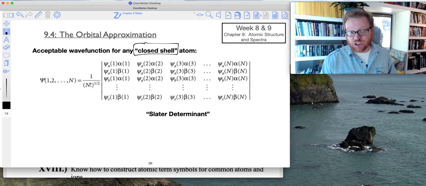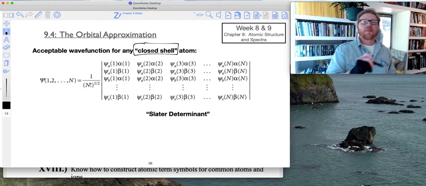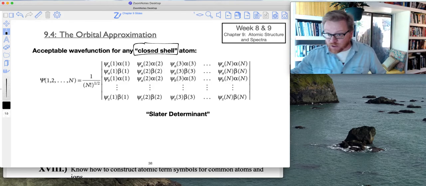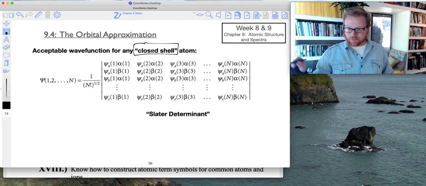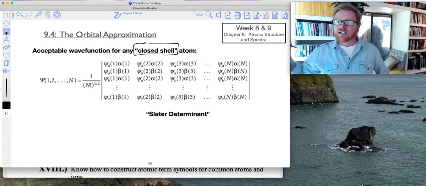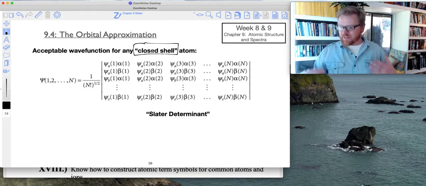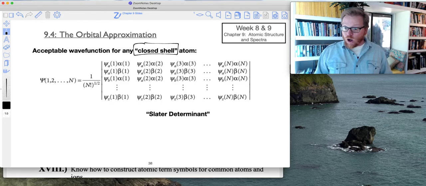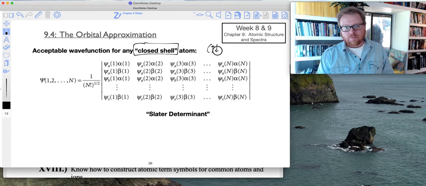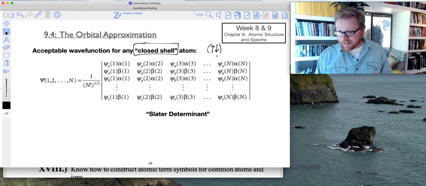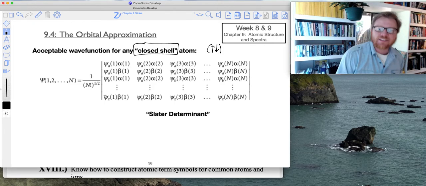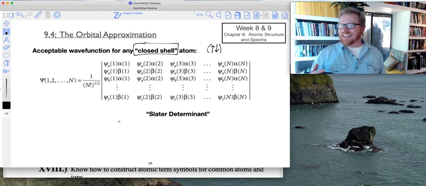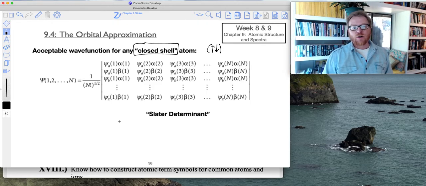And so by closed shell, we recognize that that shell, for example, the K shell or the L shell or the M shell, the entire shell, if it's closed, if it's occupied by all electrons, it's going to have to be described by a spin correlated state. And this matrix gives us our only singlet possibility to describe that wave function.